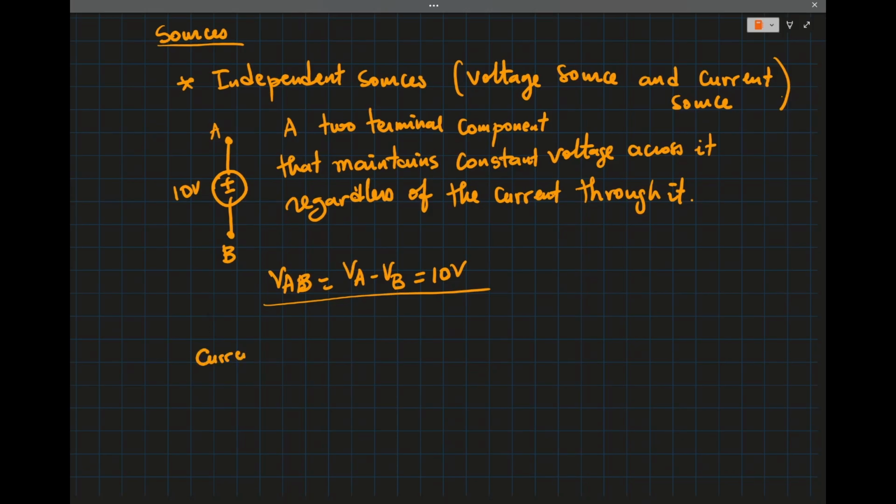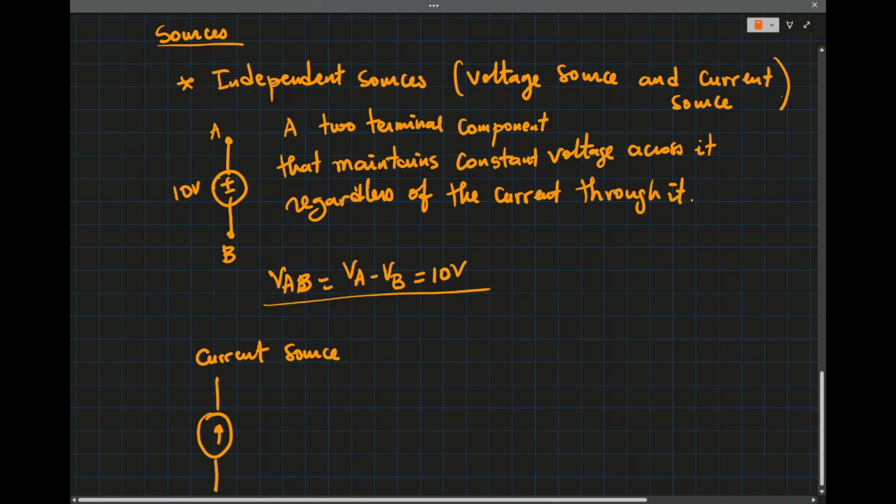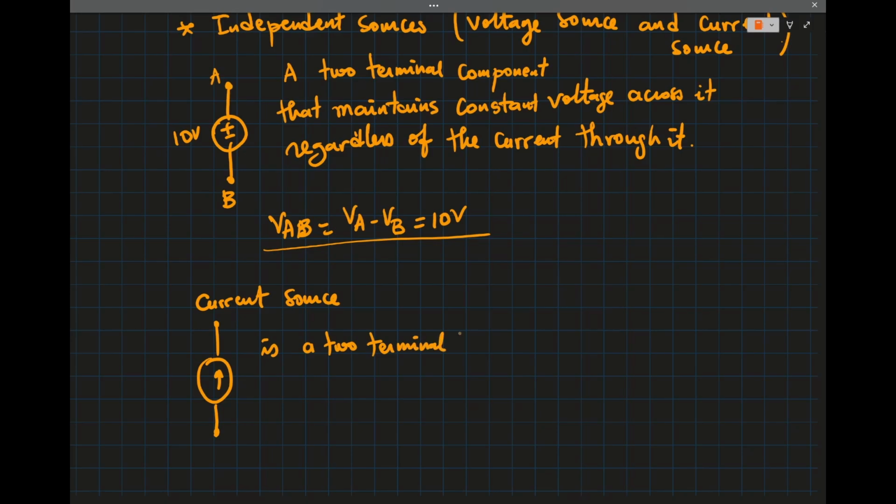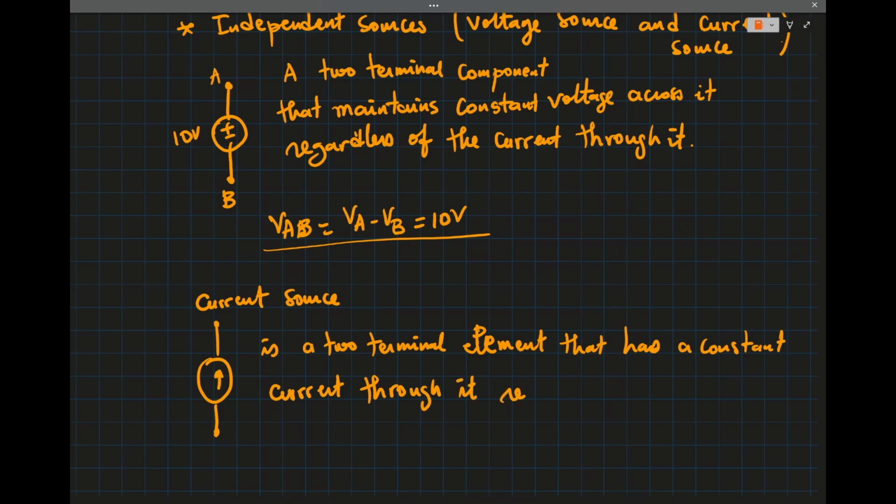So current source, this is the symbol, is also a two-terminal device, a two-terminal component or element that has a constant current through it, regardless of the voltage across it.